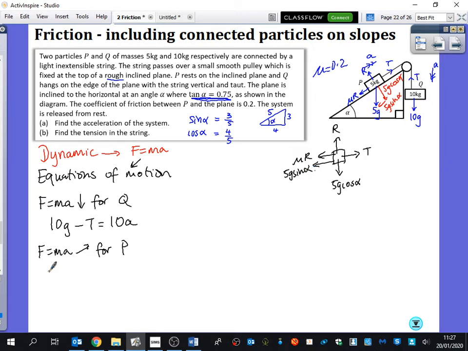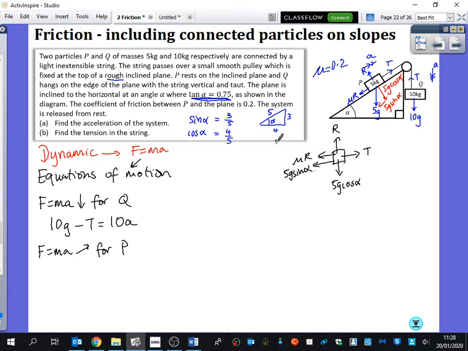Now, I may pause on that because I feel like there's an awful lot of unknown things there, isn't there? I had T, I had mu, I had R, so many things that were unknown. So maybe there's something we should have done before we even went in with the equation of motion.